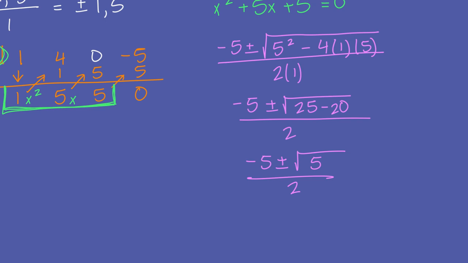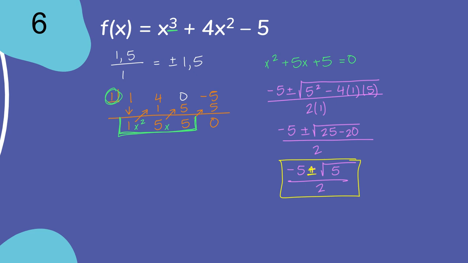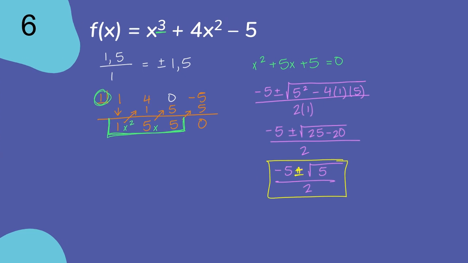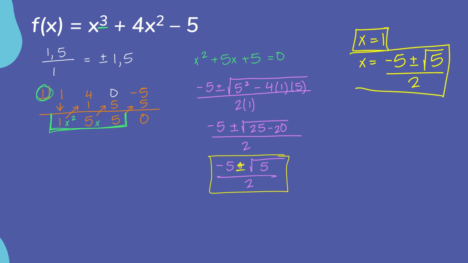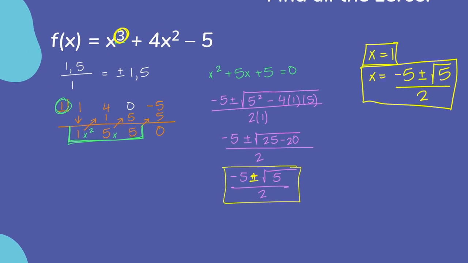How many answers is this? 2. Okay, because I have that plus minus right here, I have 2 answers. So do I have 3 answers in total? Yes, I do. I'm going to go ahead and write them out. My answers are x equals 1 and x equals negative 5 plus minus square root 5 over 2. Okay, I have 1, and this gives me 2 answers. So 3 answers in total.